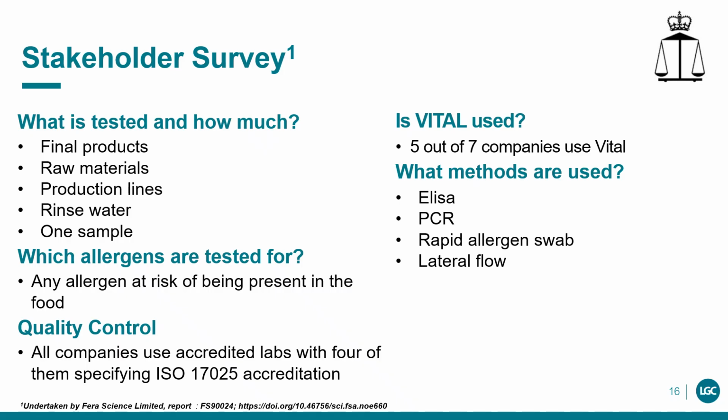In terms of the testing methods employed, all 7 companies predominantly specified the use of ELISA. With respect to defining threshold limits for acceptance, 5 of the companies indicated that they utilise VITAL, 1 employed a ppm calculator, and 1 didn't set a threshold when responding to the presence of allergens.